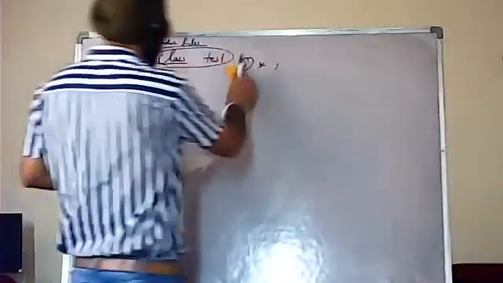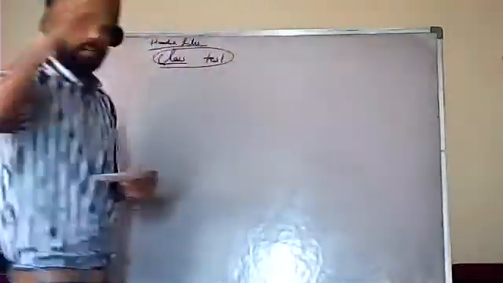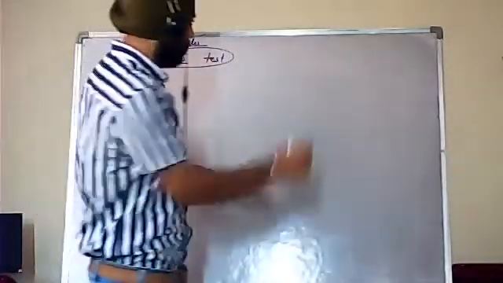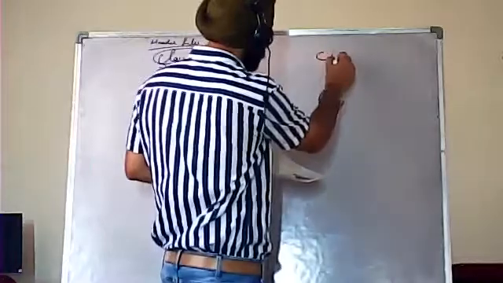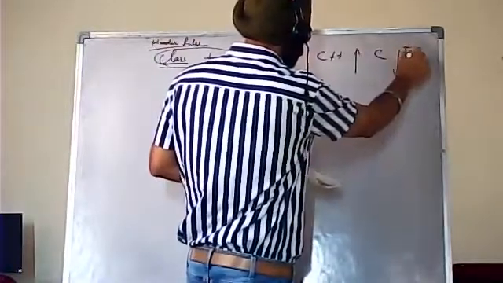Okay. Then after class, because we are talking about classes and objects, that means we are talking about C++. C++ is a bottom up technique, while C is top down.